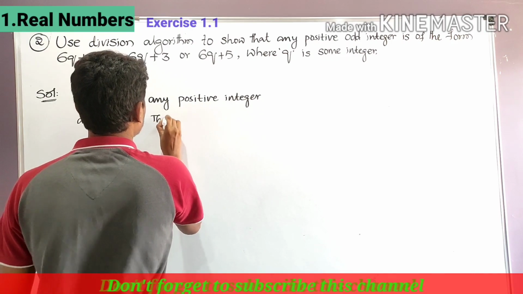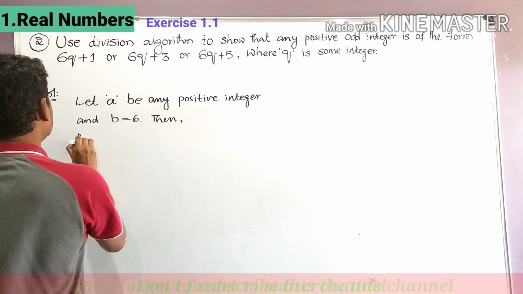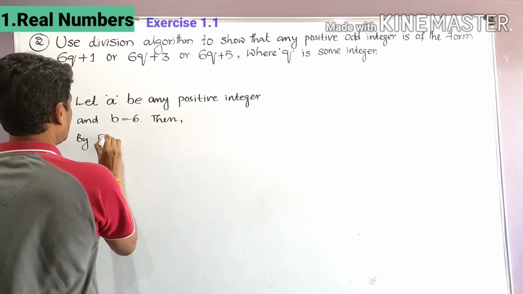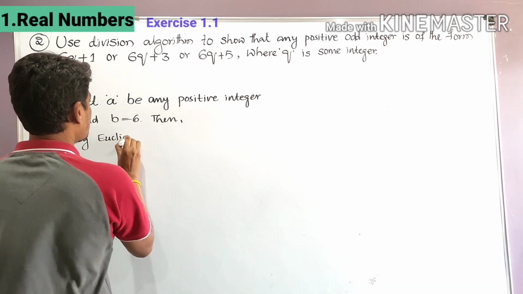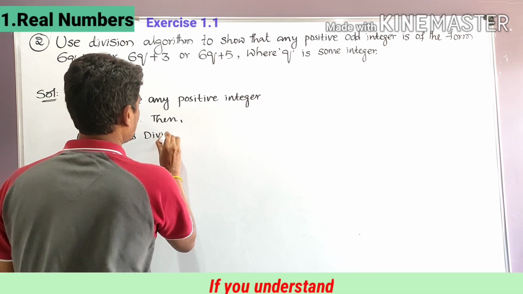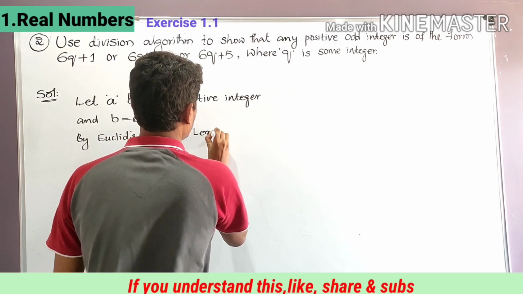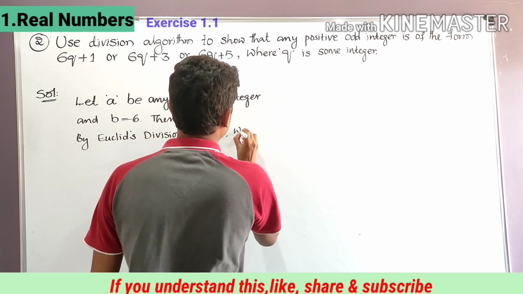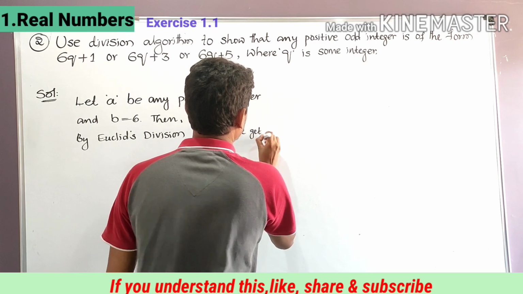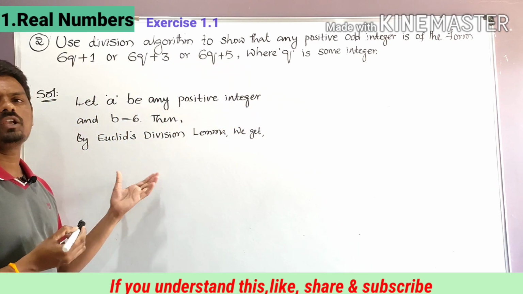Then by Euclid's division lemma, we have a is equal to b into q plus r.